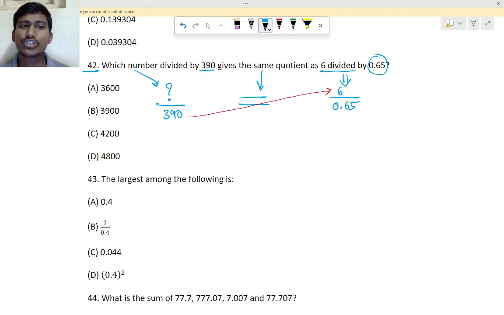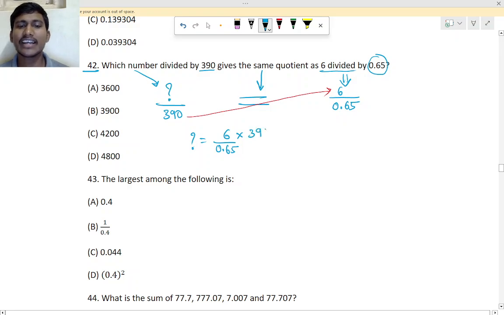So this will go that side, question mark will remain. So here 6 into how much? Yes, 390. Okay? Here in the denominator how many decimal places are there? 2.